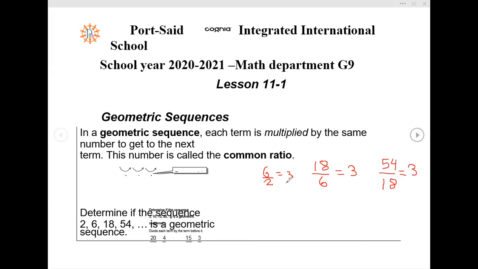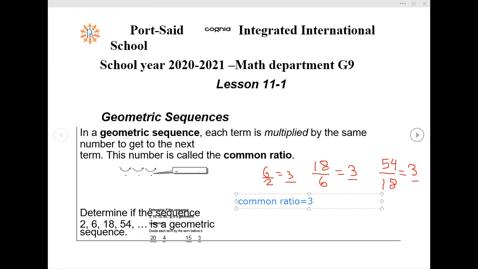So we note that the first is 3, the second is 3, the third is 3, which means we have a common ratio equal to 3.